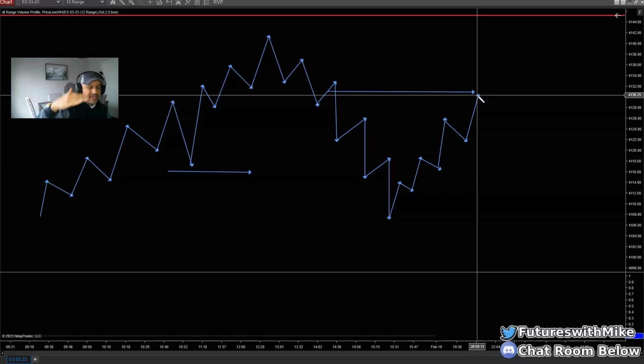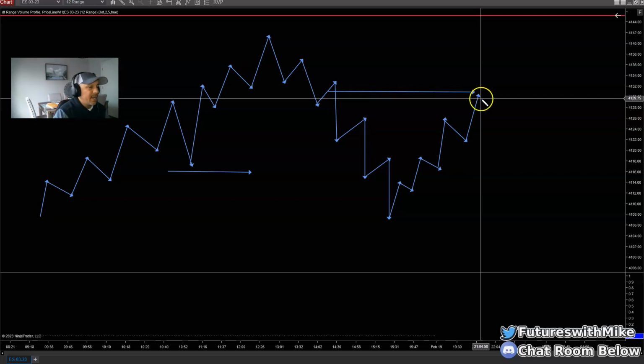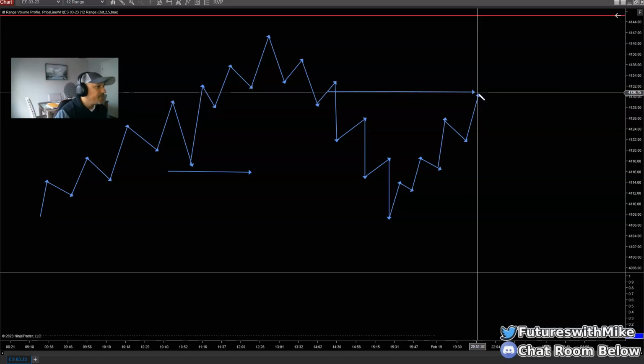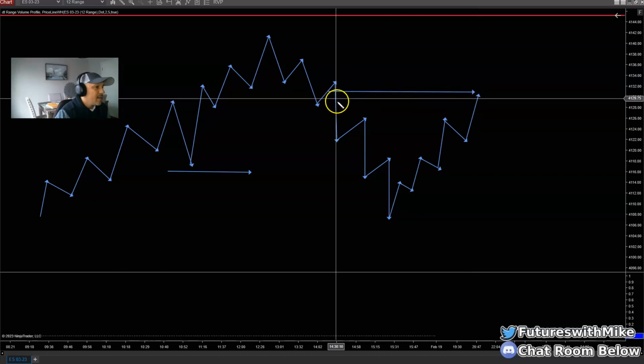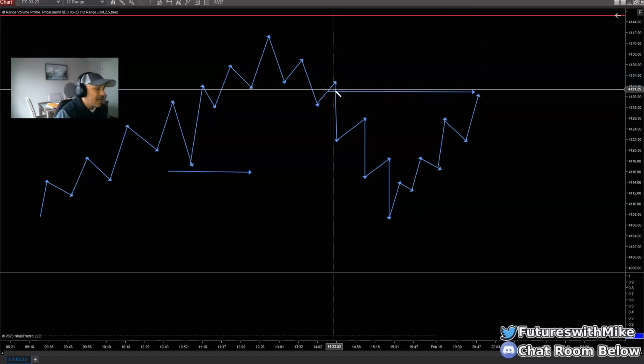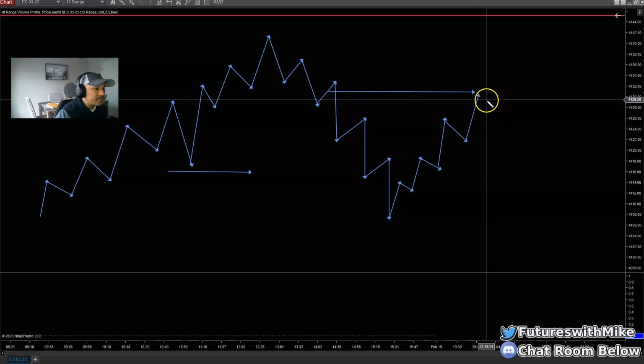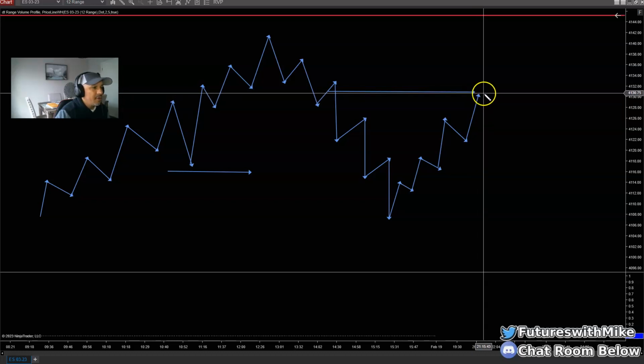Pushes up, wicks down. That means it's building a form of rejection. Once you get a break of a candle to the downside, always look for signs of rejection. One of the biggest clues is if you do not get a full candle closing within that supply zone, and when you see a rejection filled by many wicks.